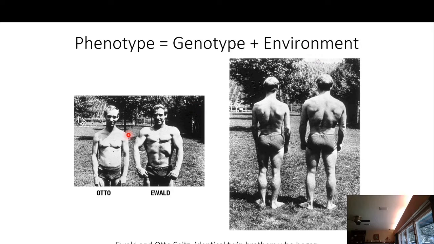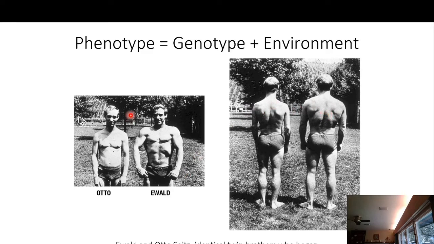This is a classic example of Otto and Ewald. They're two German brothers, identical twins, but one of them became a long distance runner. Here, that's Otto, and the other became a strength power lifter. That's Ewald. So even though they're genetically identical, these two individuals are vastly different physically.